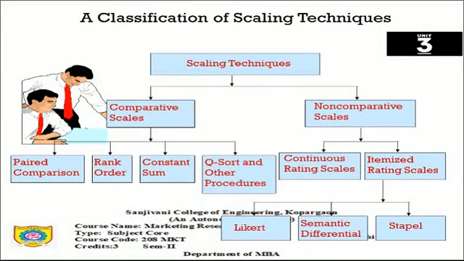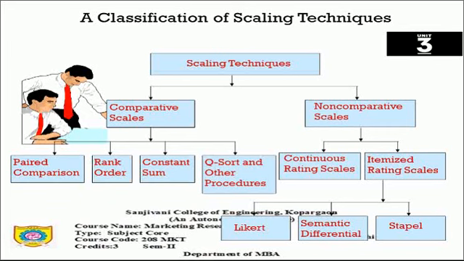Second is rank order, where we give ranks and find that the best gets the first rank and the worst gets the last rank. In constant sum, the scores are given so that the total achieved at the end is 100. Q-sort is nothing but piling on the basis of certain criteria, which makes a large number of objects classified very easily. It is called the Q-sort technique.